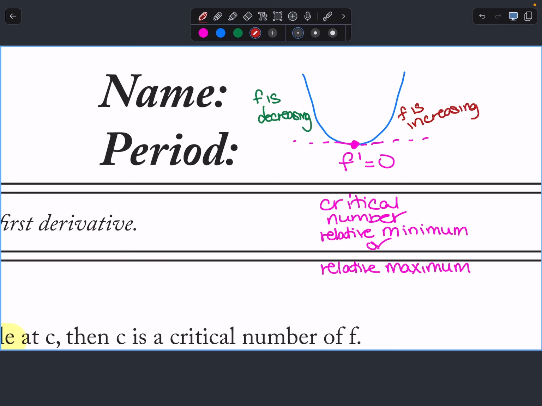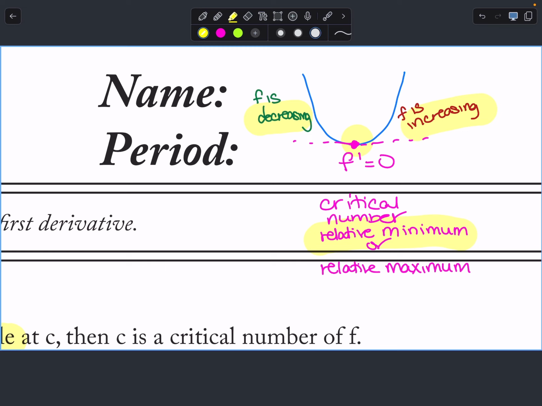All by looking at this little happy face parabola. Okay. And what we know is that because I'm going from decreasing to increasing, and just by the sheer look of the graph, this is a relative minimum. I could have drawn the frowny face one and gotten a relative maximum if I wanted to.